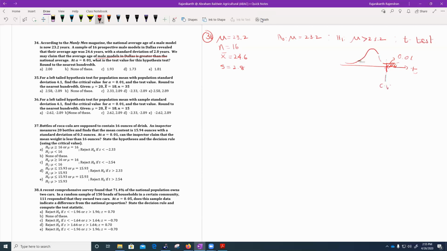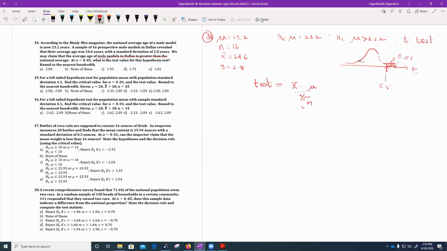Okay. So then what is the test value for this hypothesis test? They're asking us to find the test value, not the critical value. So how do you find the test value? The test value formula, since this is the t distribution, is x bar minus mu over s over square root n.